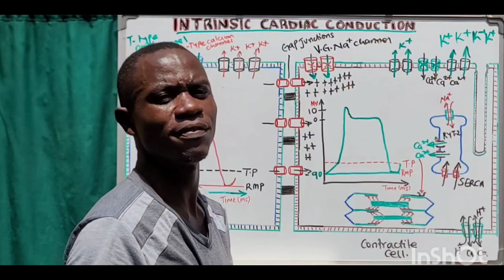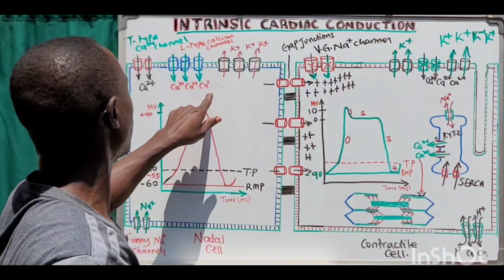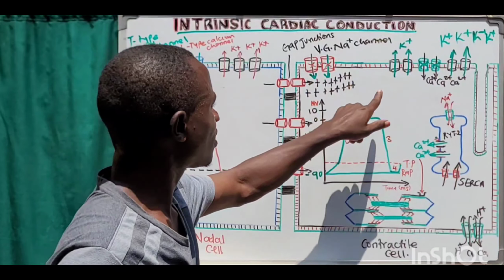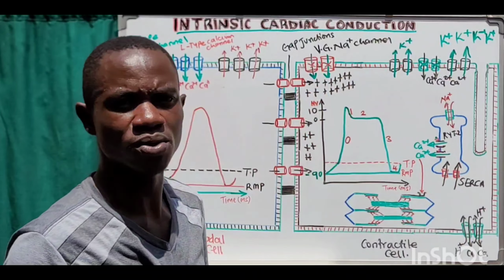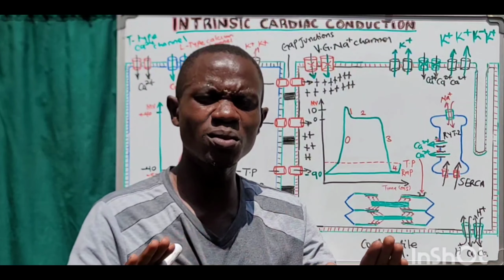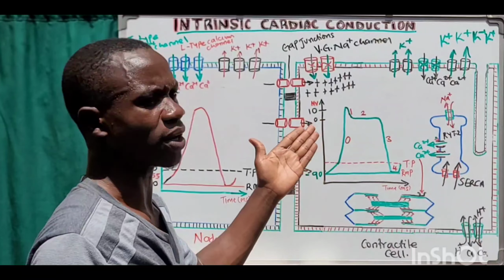Now, something which is so beautiful is that the depolarization of the nodal cell is dependent on calcium. But the depolarization of the contractile cell is dependent on sodium. That is super important to differentiate between the depolarization of these two cells. Okay?